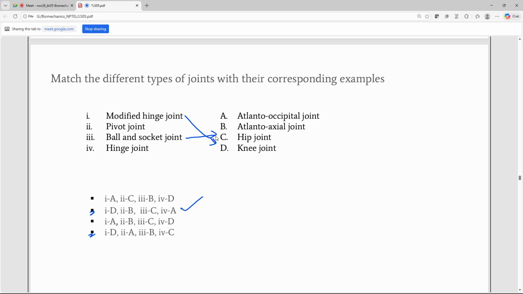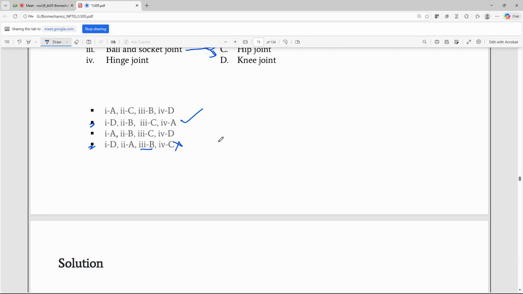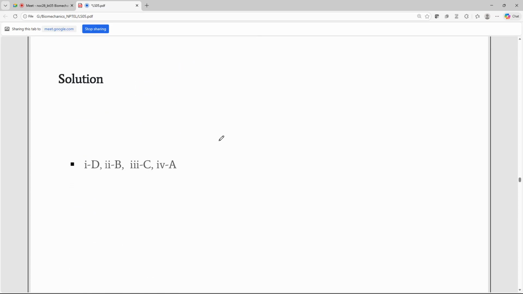The other one is 3C. Here it is 3B, so it's wrong. Here 3C. Simply by eliminating, you can find answers. So the second one, 1D, 2B, 3C, and 4A. Moving on to the next question.